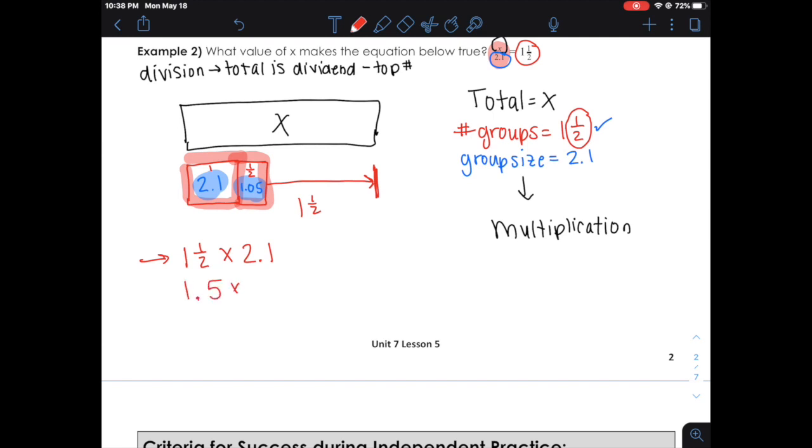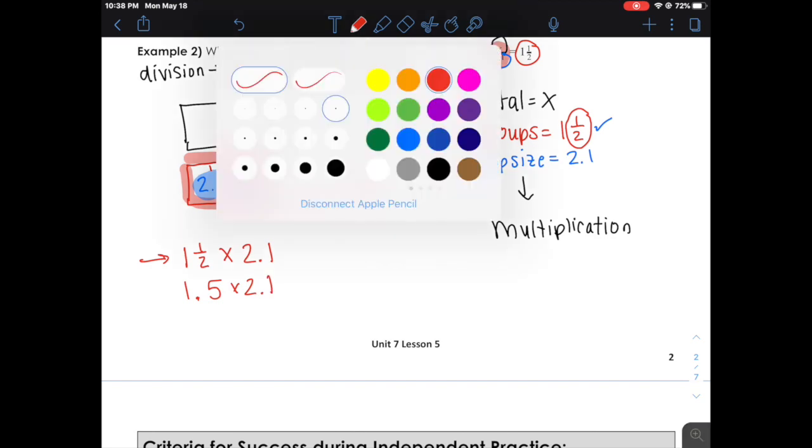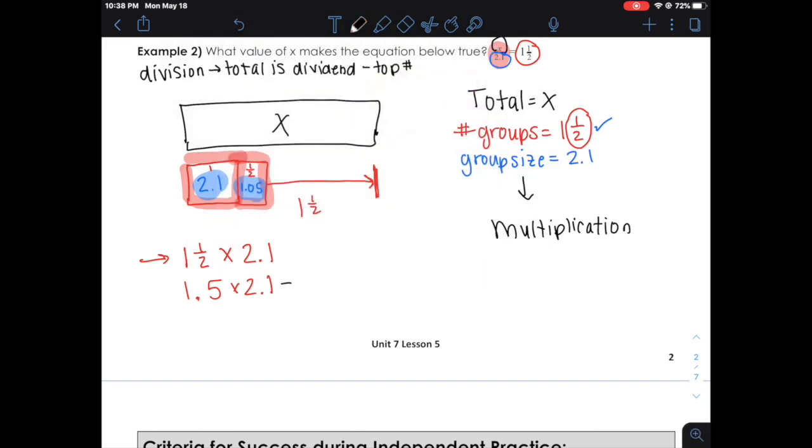So that's going to be 1.5 times 2.1, and that is going to give us x. Okay, so when I multiply 1.5 times 2.1, I get 3.15. So x equals 3.15.